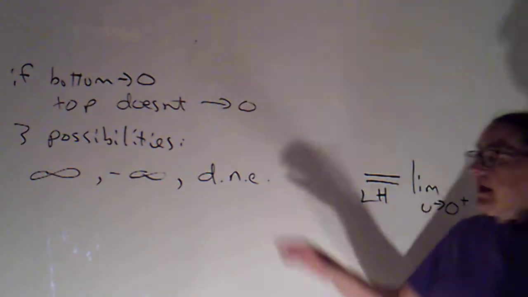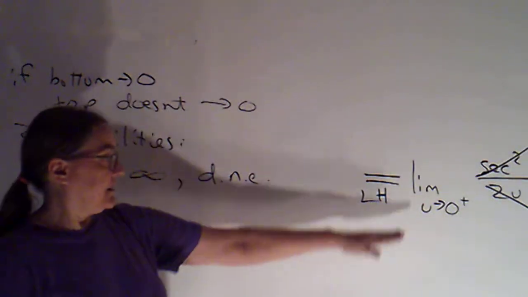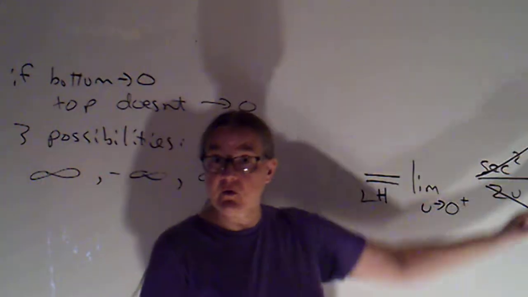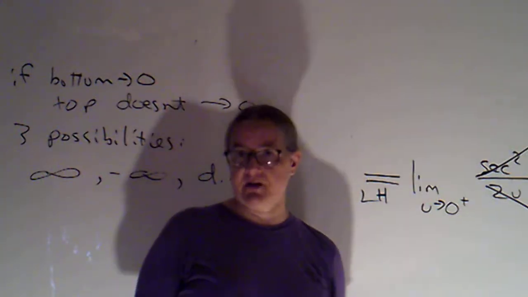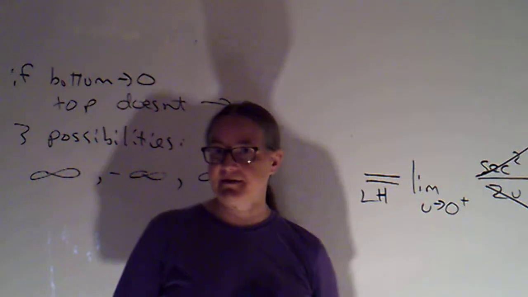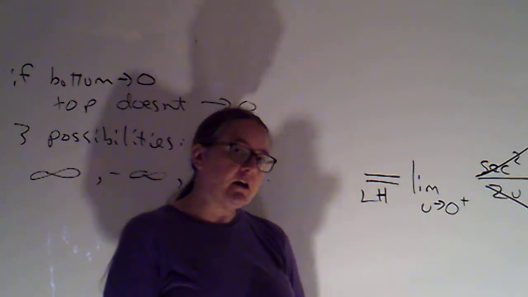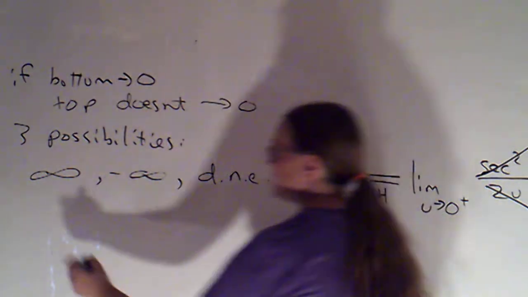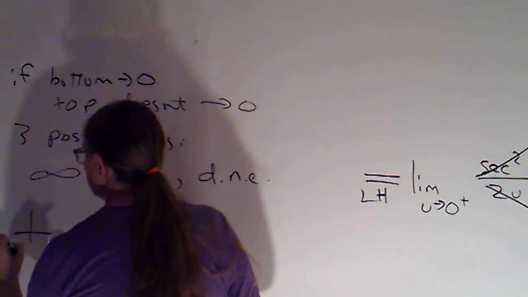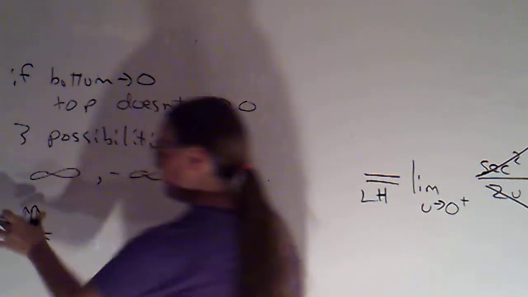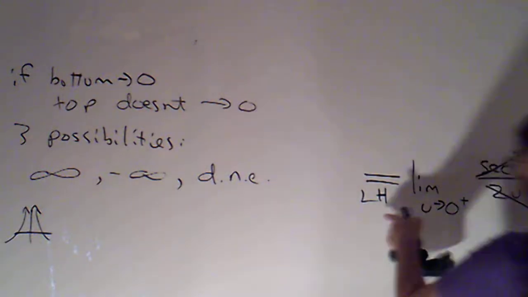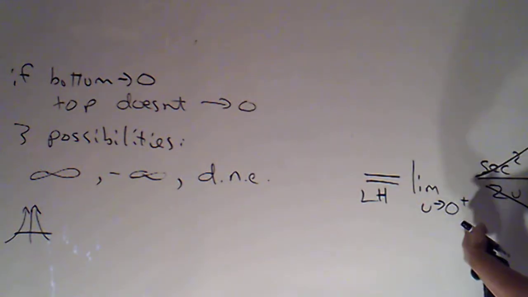Okay. This function, if looking at this as a function of u, if I were to graph this, there would be a vertical asymptote when u was equal to 0. I know that with a vertical asymptote, sometimes I get a picture that looks like this. That would be the limit going to infinity. Now that's this function here of one variable.